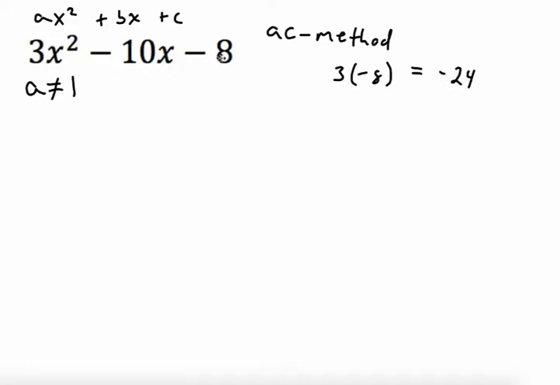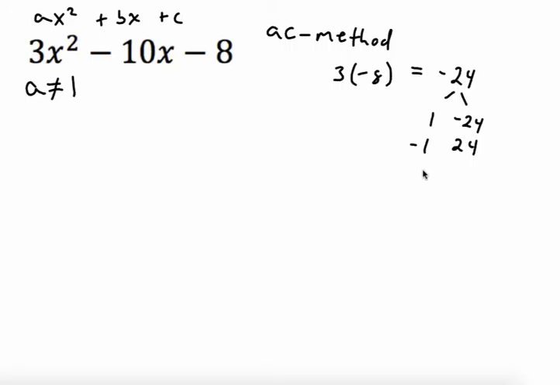Negative 24. So what I'm going to do now is very similar to what we've been doing in the last videos. I want to find factors of negative 24 that sum to negative 10. So let's go ahead and figure out what the factors of negative 24 can be. So we have 1 and negative 24, or negative 1 and a positive 24.